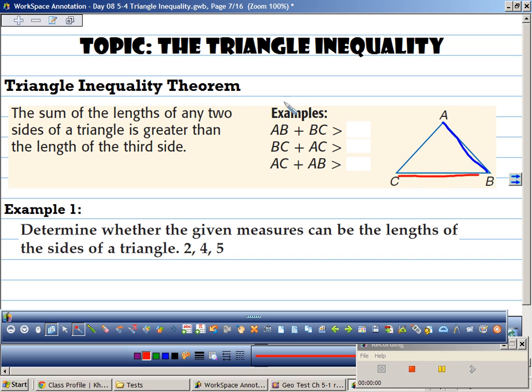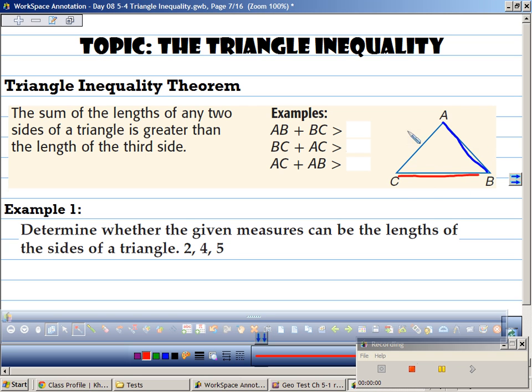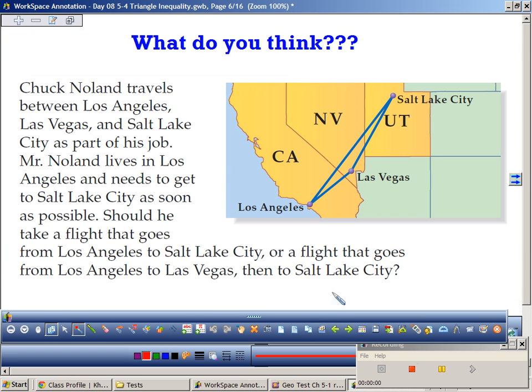So what this theorem says is that if I add these two sides of the triangle, their sum will always be greater than the other side, which makes complete sense with what we were looking at here, right? I'm just saying it in the reverse.